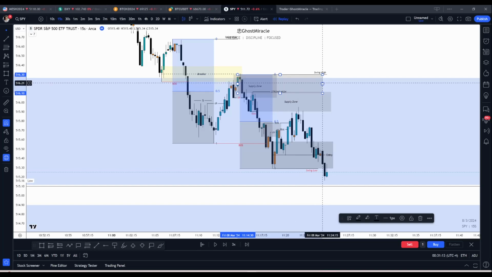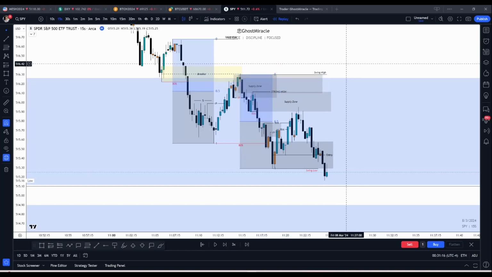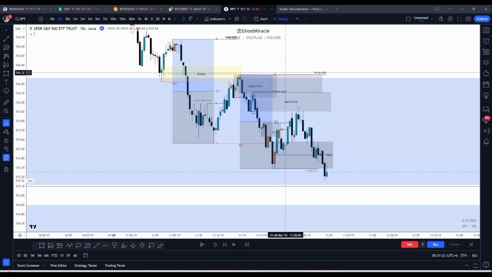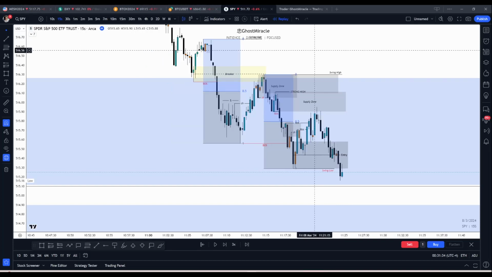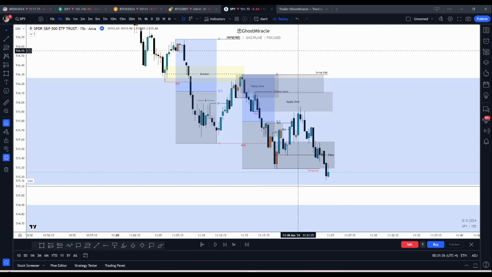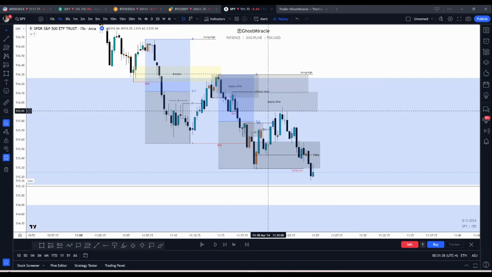You can't really go and buy more stuff, or it can't get that fuel that people talk about. There's nothing to grab here if it's already been mitigated. That trip to the store has already been completed, and they no longer have what you want. So price will continue to go to the next supply, or store, or whatever you want to call it, if you want to look at it from an analogy standpoint.